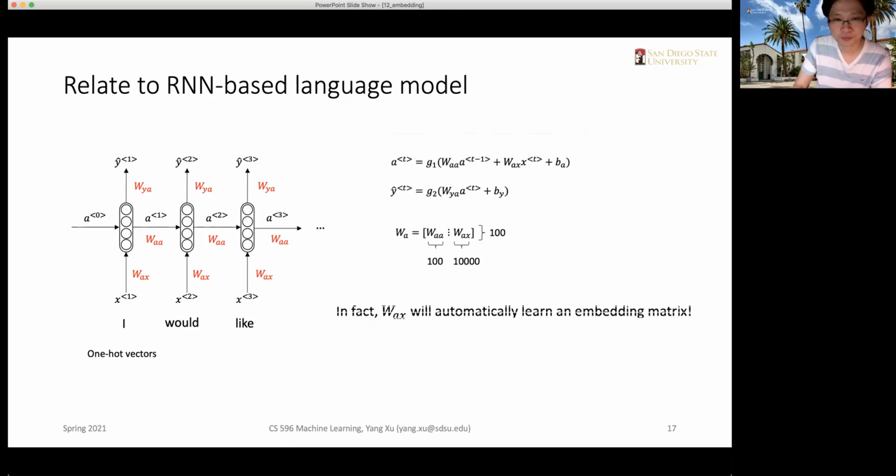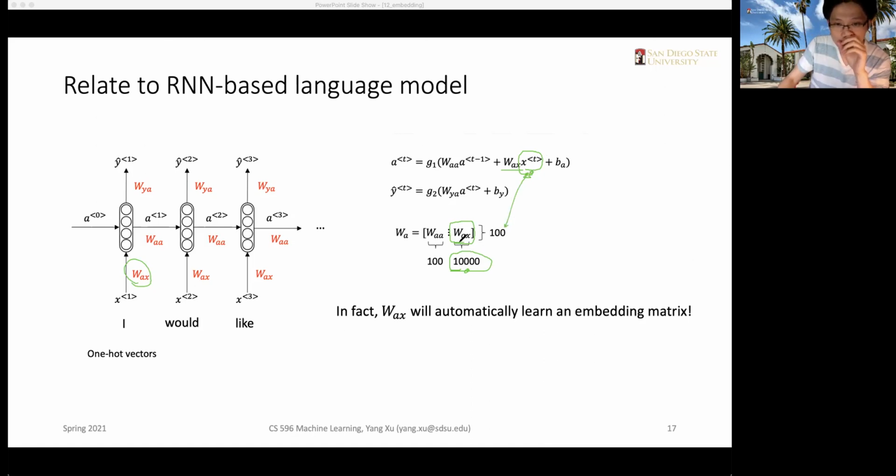So if you look at the parameters closely enough, the WAX parameter needs to multiply with xt. Since xt is a one-hot vector, WAX itself must have 10,000 columns, otherwise it won't be able to take the dot product with this xt.